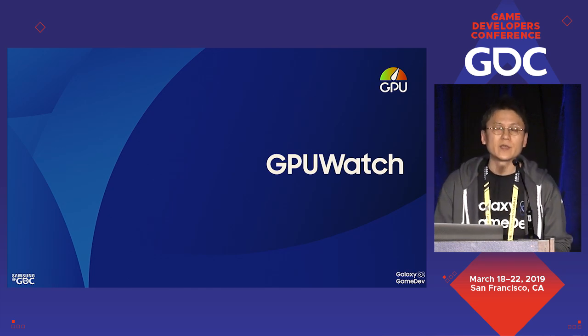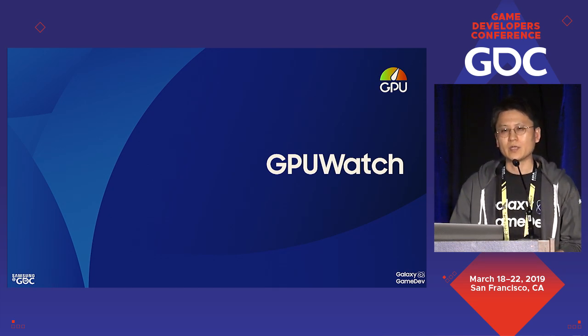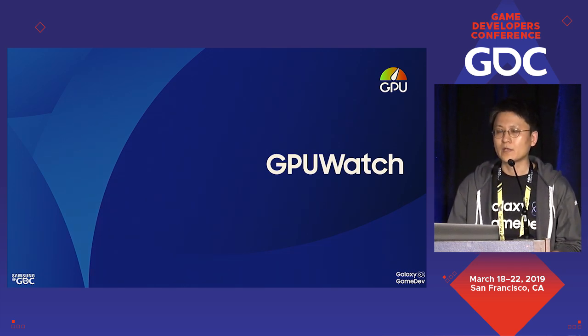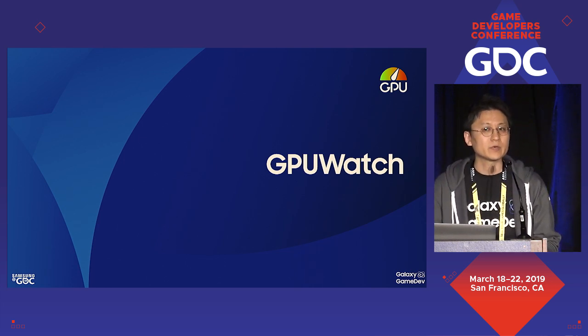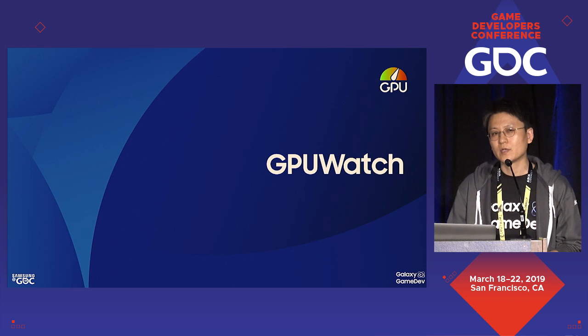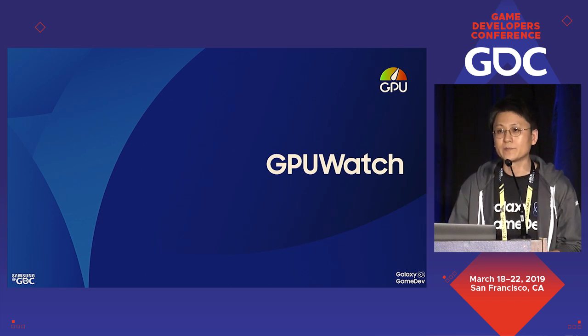The GPUWatch. These days, many people are enjoying games on their mobile device, and mobile game quality has almost reached PC quality. But unlike the PC environment, we must be careful to use the restricted resource and power on mobile.